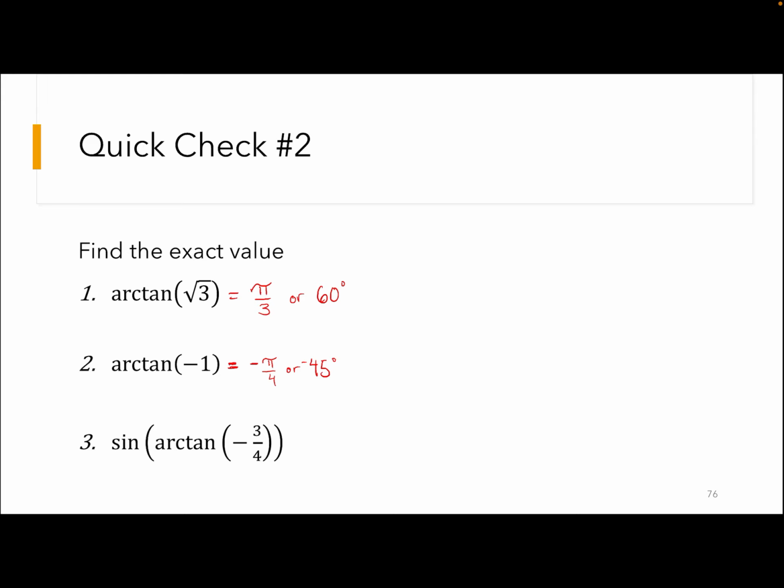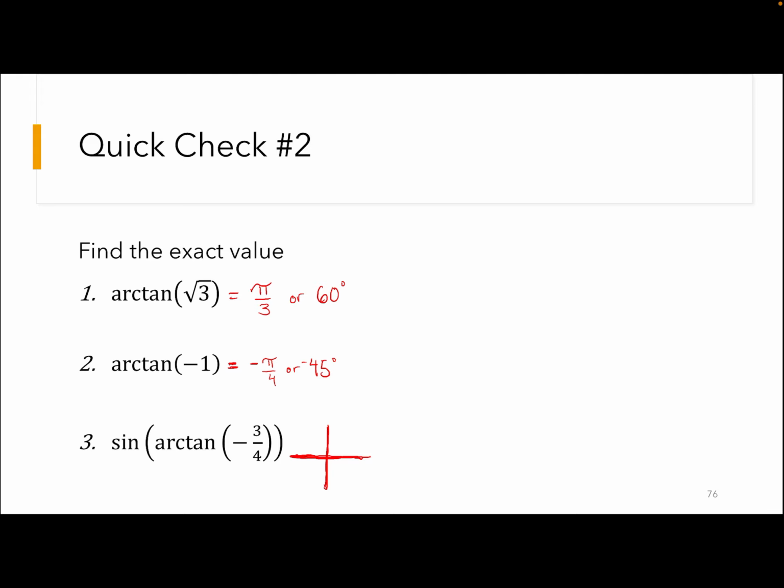The sine of an angle that has a tangent of negative 3/4. Let's see what that looks like. Tangent is negative in quadrant 2 and quadrant 4.